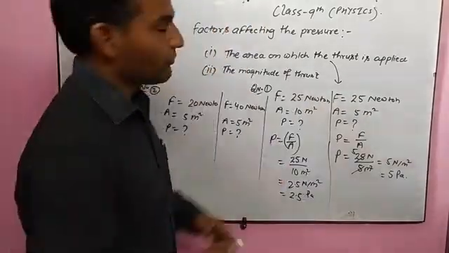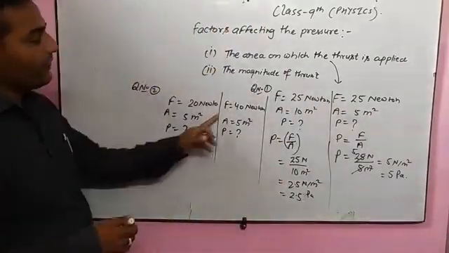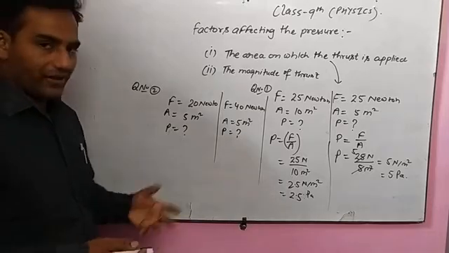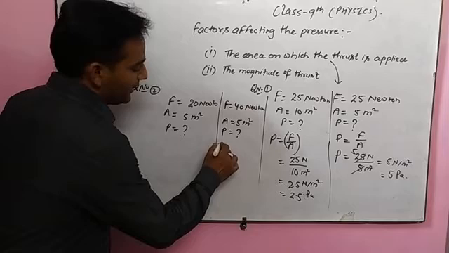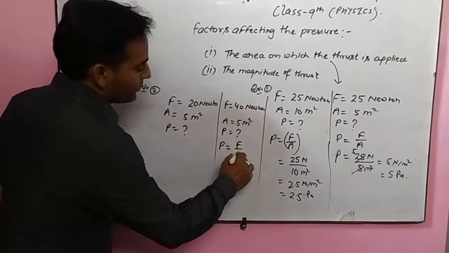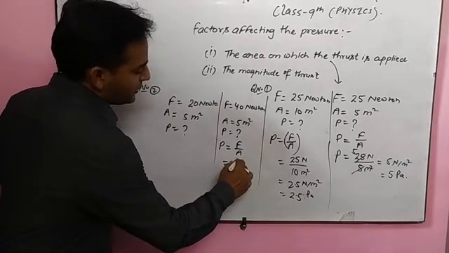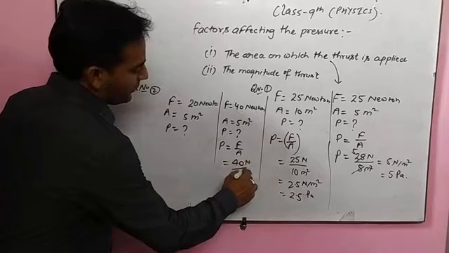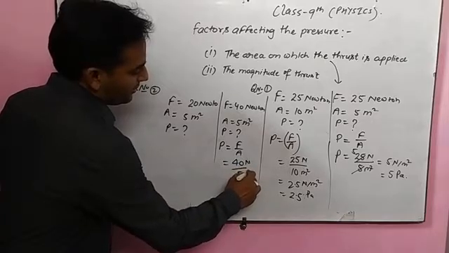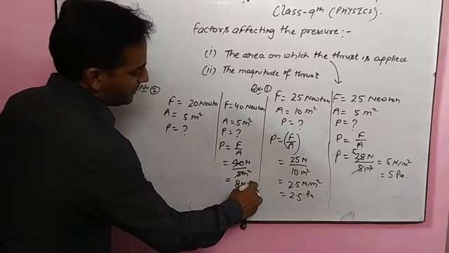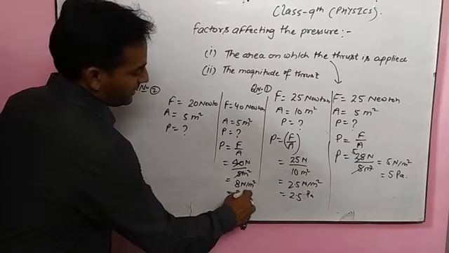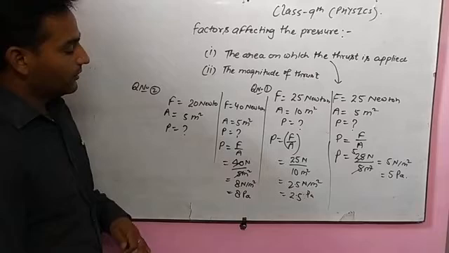Okay. So let us take one more example with that. I have written thrust, that is force F, is 40 Newton, area 5 meter square. So let us find P. P is equal to force upon area. Force is 40 Newton, area is 5 meter square. So easily we can write 8 Newton per meter square, or 8 Pascal, is our pressure.